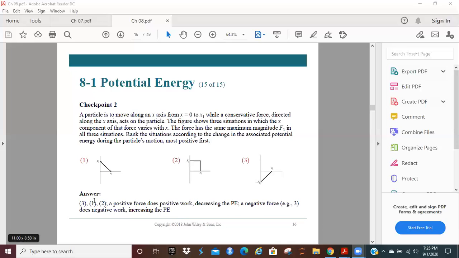The answer that will follow next is going to be 1, because the force here, while it is positive, does decrease over time.